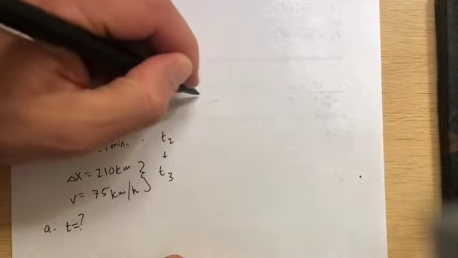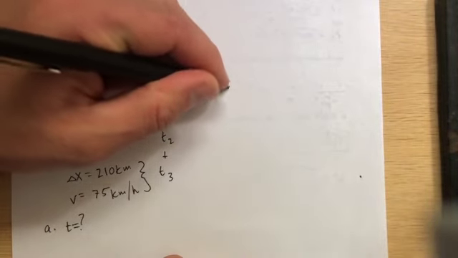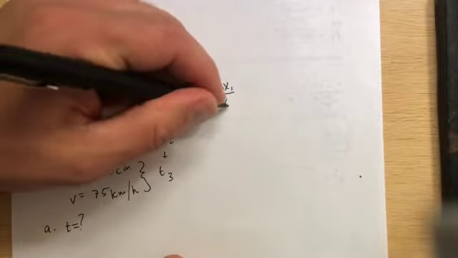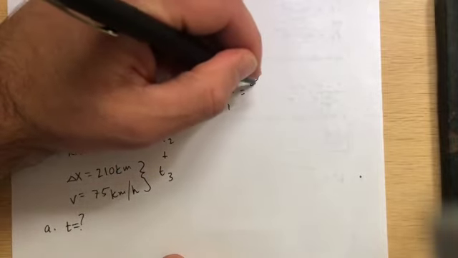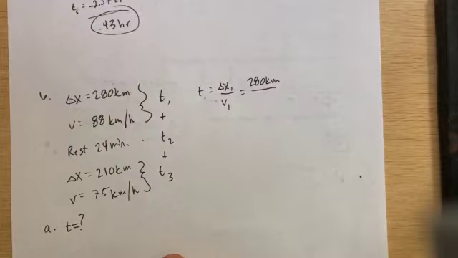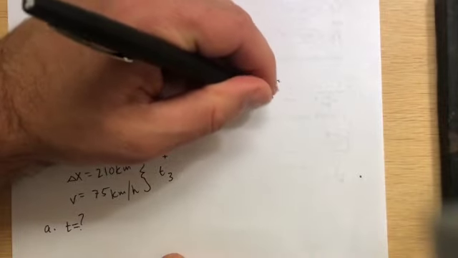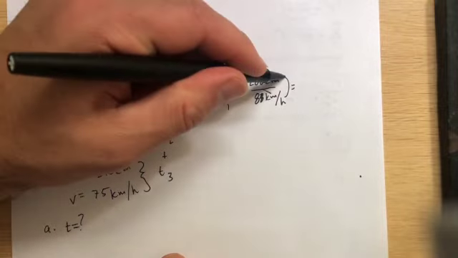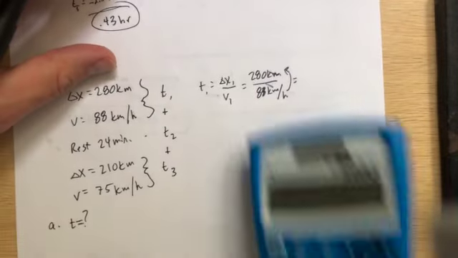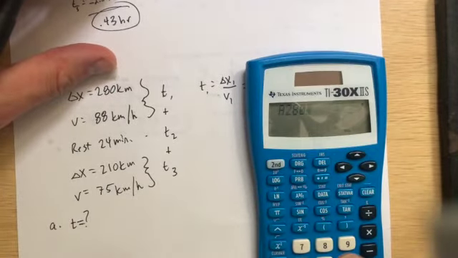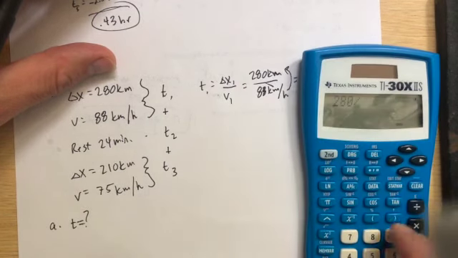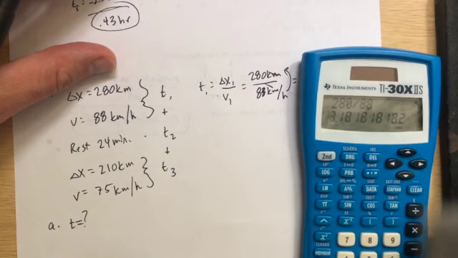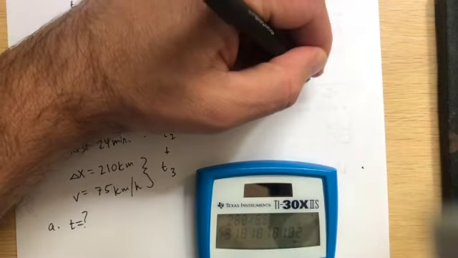So this is going to be T1 equals delta x1 over v1. It's going to be 280 kilometers divided by 88. Kilometers cancel kilometers, hours comes to the top. Bring out my calculator, 280 divided by 88 equals 3.18 hours.